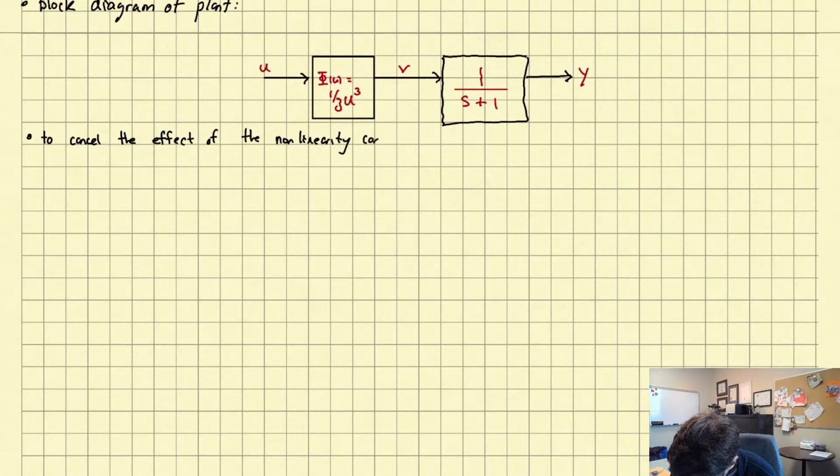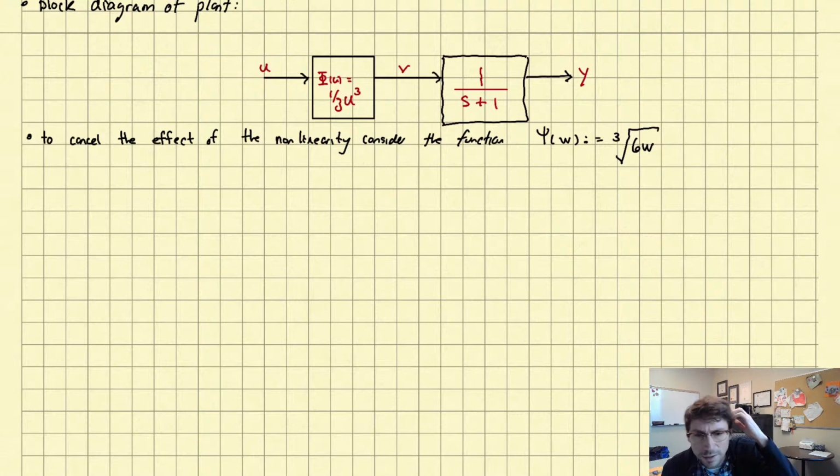Okay, so to cancel the effect of the nonlinearity, consider the function psi(w) equal to the cube root of 6w. Where is that coming from? It's basically trying to get rid of the effect of that phi nonlinearity that's showing up at the front.